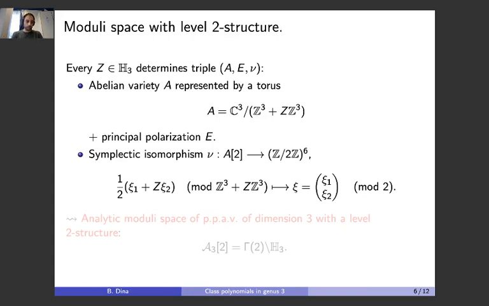In this way, we identify points of order 2 on the torus as vectors psi, reducing them modulo 2. We define the analytic moduli space of principally polarized abelian varieties of dimension 3 with this level 2 structure by the cosets H3 by Gamma 2, where by definition Gamma 2 acts trivially on two-torsion points.